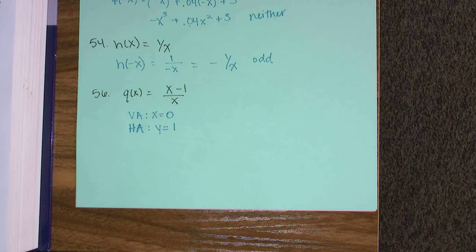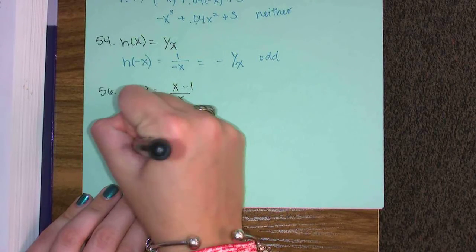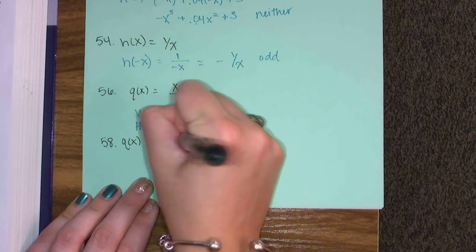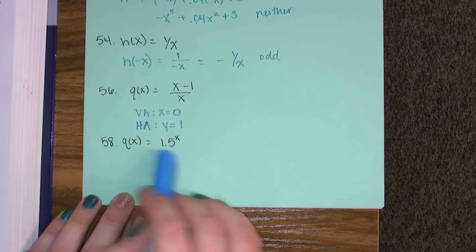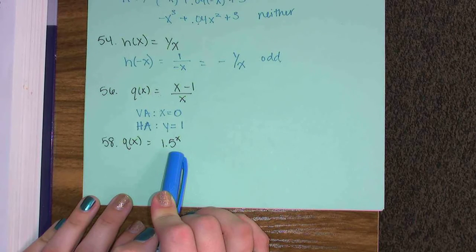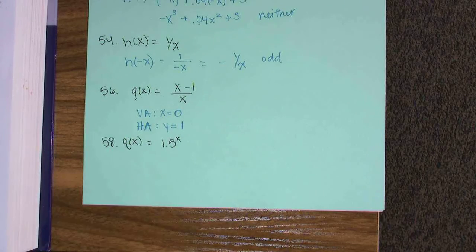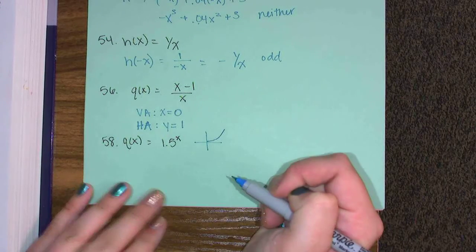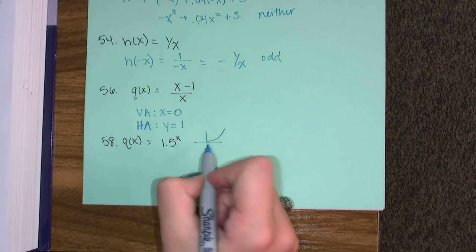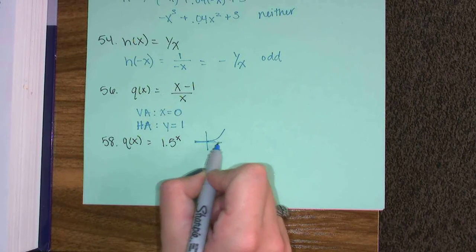Alright, so 58, we're not going to do it, but I'm going to write it down. Well, we could do this one, but this one's just kind of a knowledge thing. It wants to know if there are any asymptotes. There are no vertical asymptotes here, it's not a fraction. For horizontal asymptotes, this is an exponential function, meaning that essentially it's something that keeps getting bigger. It doesn't ever cross this line here because it's not being shifted.